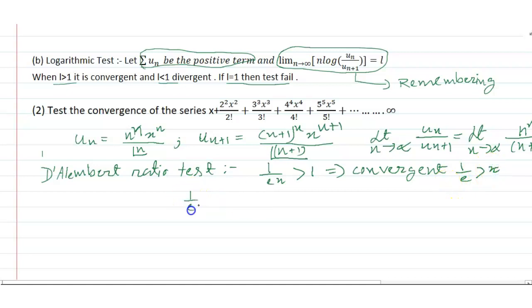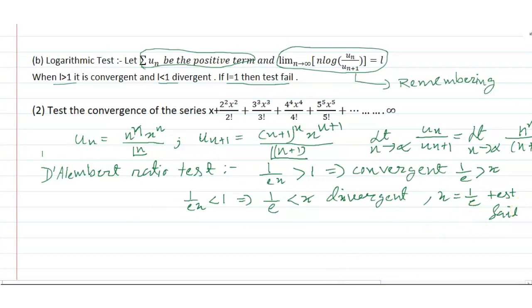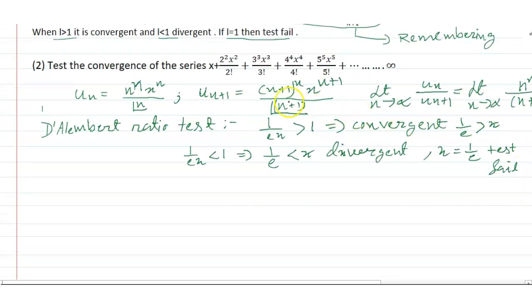And if 1 by ex is less than 1, that implies divergent. And if x is equal to 1 by e, then the test fails. So friends, now I have to check it. The very easiest way is the logarithmic test.